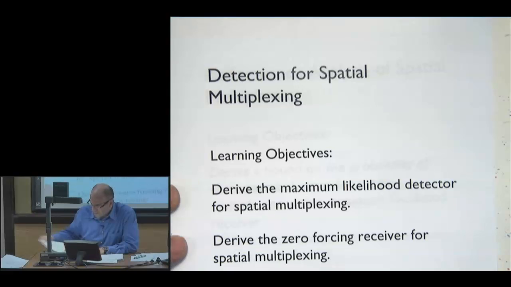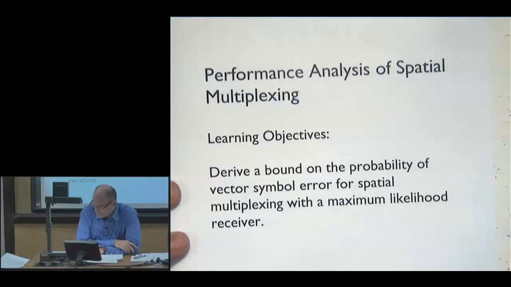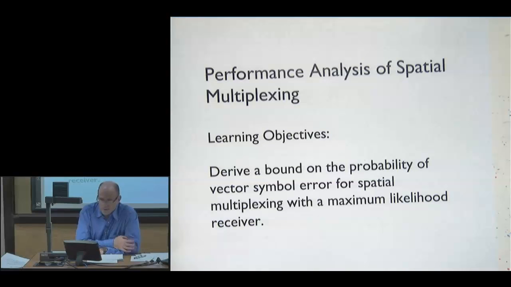And then we also started talking about performance analysis here. We're not going through a lot of details, but I want you to get some of the intuition: in the additive white Gaussian noise case, the intuition is that the constellation is distorted by the channel, and what we care about is the distorted constellation. So that's the first point here. And then we'll see something else surprising come up in the performance in the average channel here.